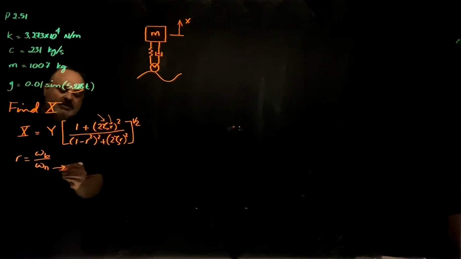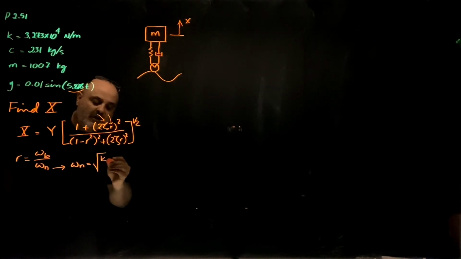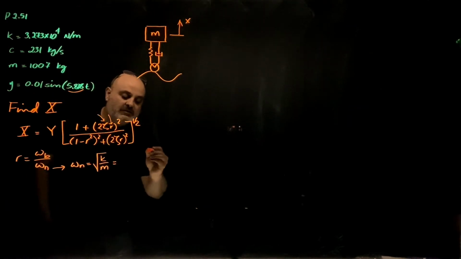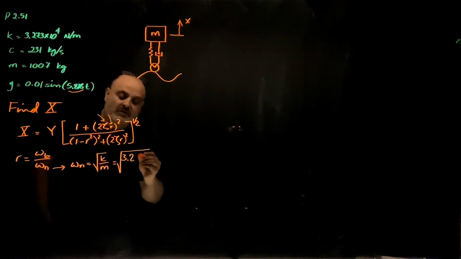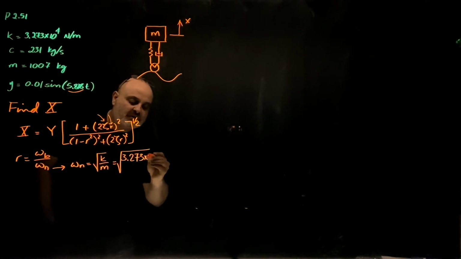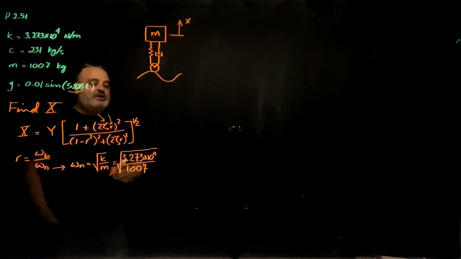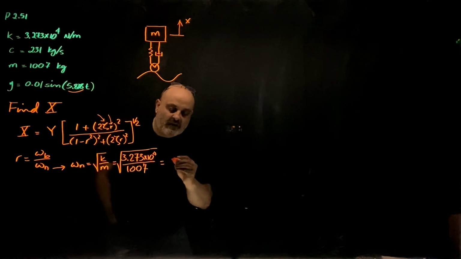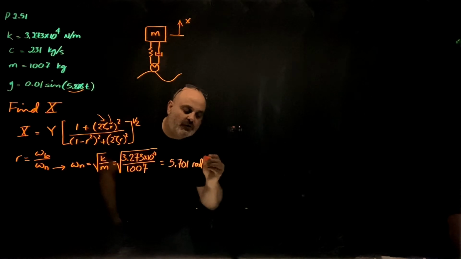So I need to find omega n, and omega n is the square root of k over m, which is, in our case, the square root of 3.273 times 10 to the power 4 divided by the mass of the car, which is 1007, and that would lead to a natural frequency in radians, of course, per second.